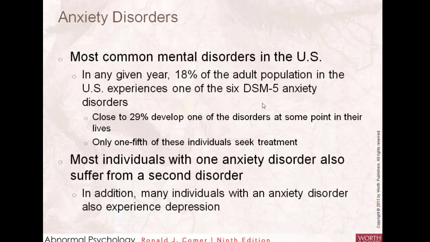It says most individuals with one anxiety disorder will also at some point suffer from a second anxiety disorder. So a person who has a tendency to be more anxious may fall into multiple categories and may receive multiple diagnoses. That's called comorbidity, when a person is diagnosed with more than one disorder at a time.